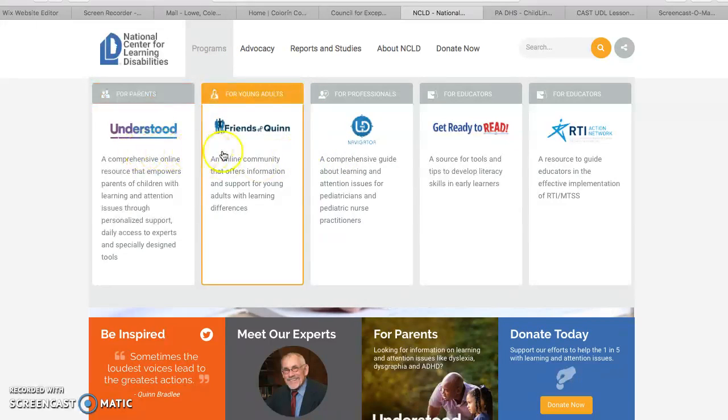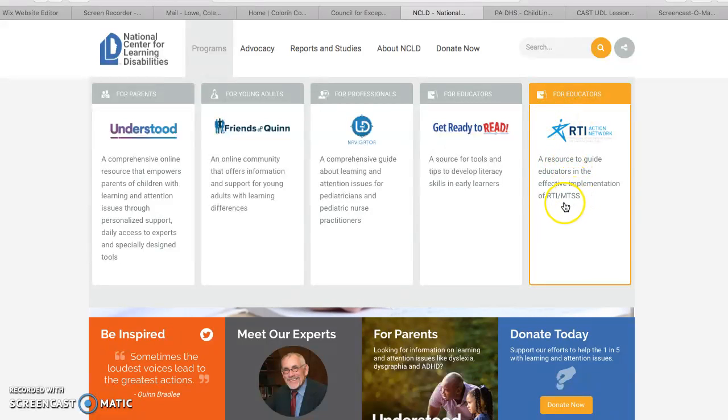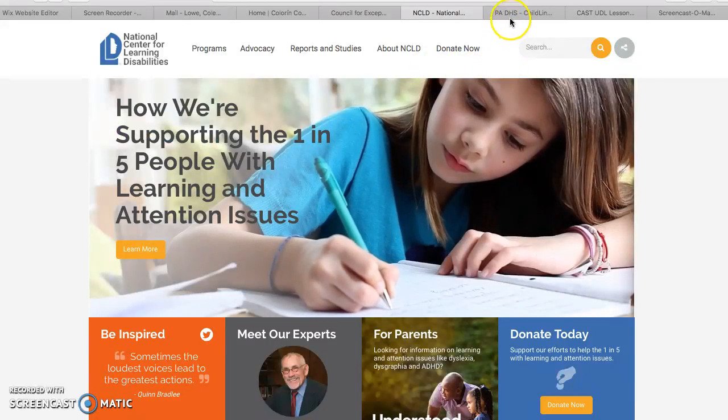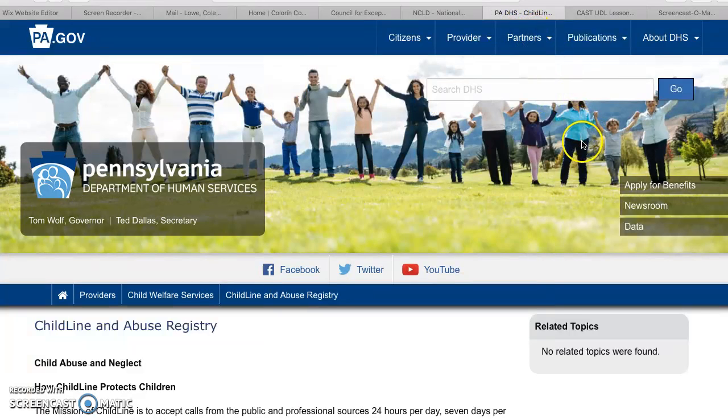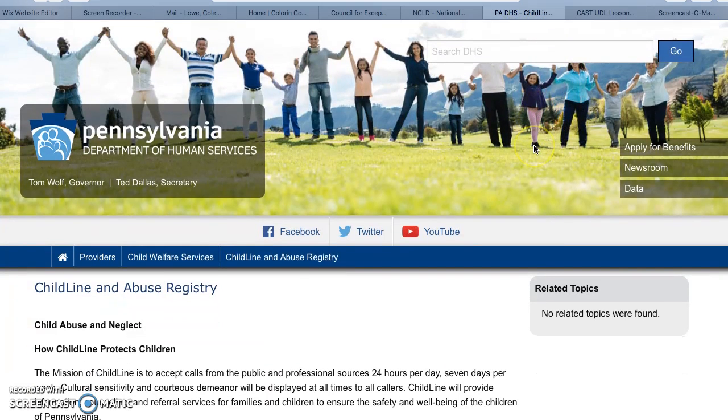And as you'll see here in the programs, most importantly here is we have information on RTI, which is the up-and-coming model that we try to implement as educators in our program. So it has everything.